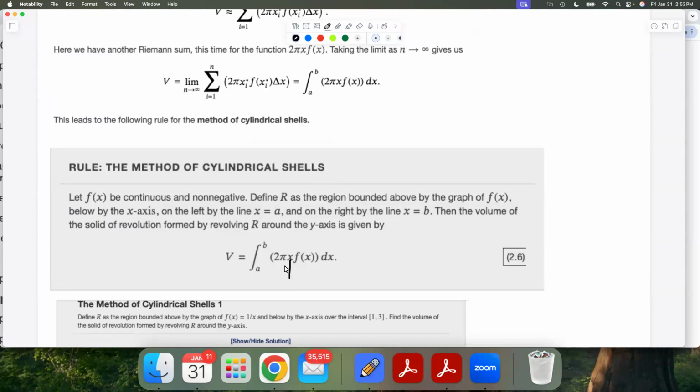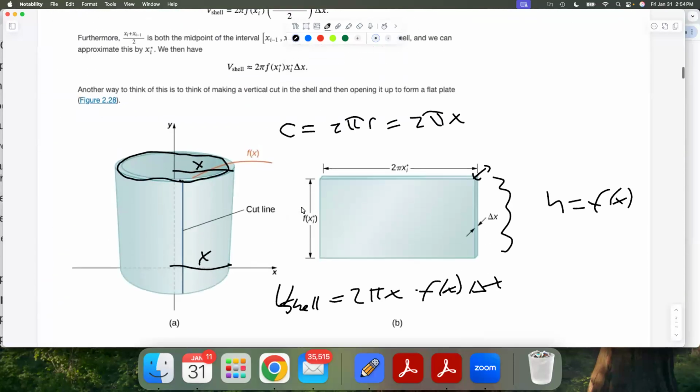That right there is the radius, and f of x is the height of that shell. That's the way I want you to think of it. So you've got some shell here. Let's draw this maybe in blue. This distance here is the radius r, and this guy here is the height h.